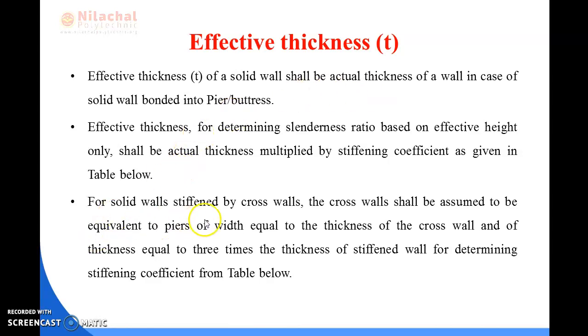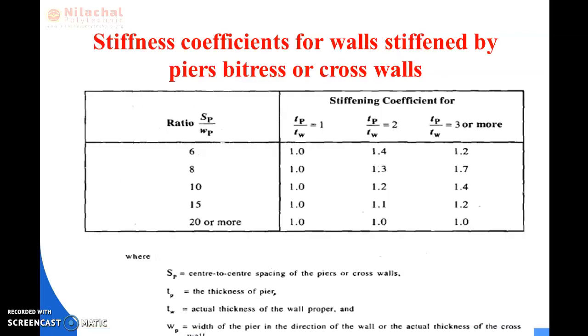For solid walls stiffened by cross walls, the cross walls shall be assumed to be equivalent to piers of width equal to the thickness of the cross wall, and of thickness equal to 3 times the thickness of the stiffened wall, for determining stiffening coefficient from the table below.